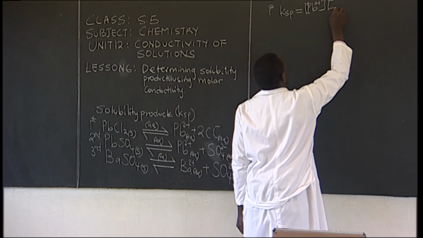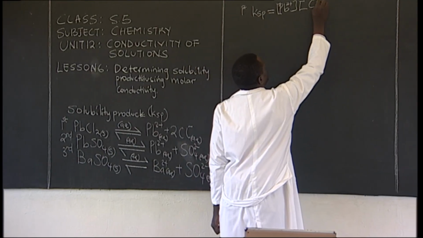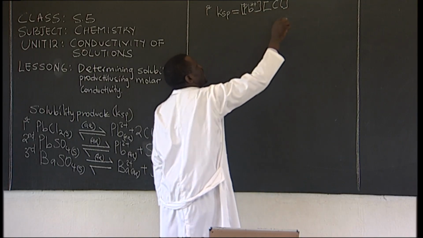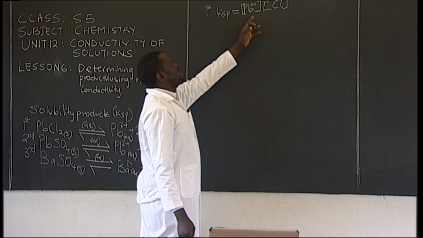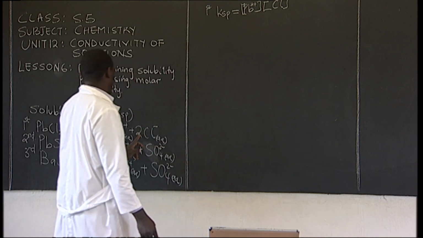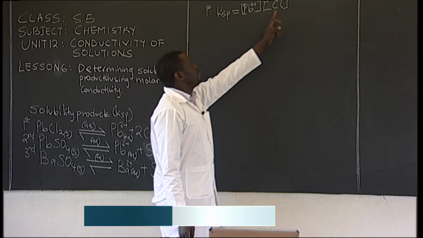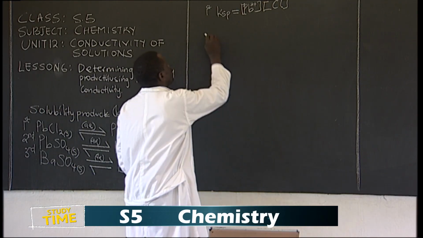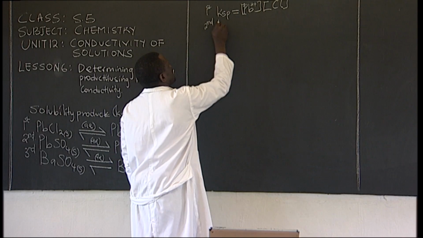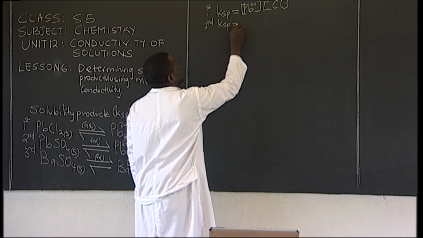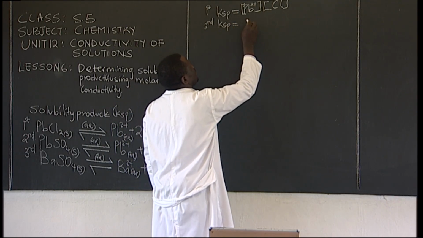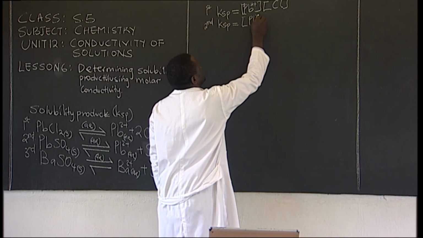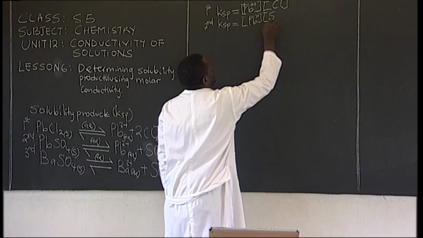This is an equilibrium constant, and we don't normally include the solid substances, which is why we have only products. Then again, from our definition, if we have 2 here, we also put it squared. If we have 1, we just leave it as it is. Like for example, if you look at our second equation, KSP is lead 2 plus and also the sulfate.